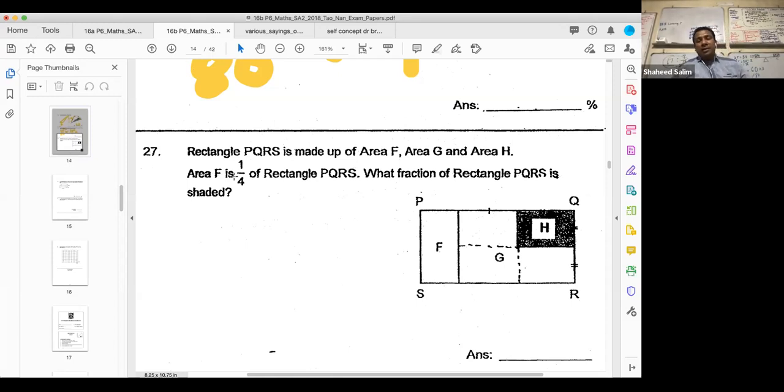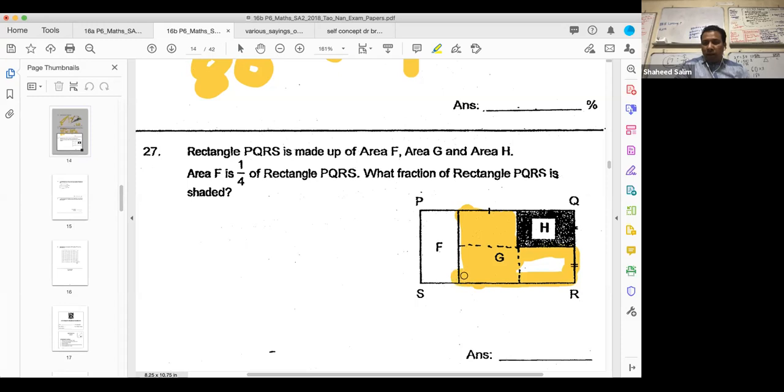Rectangle PQRS is made up of areas F, G, and H. Okay, please ignore this thing here. This G, I think, is the whole thing. I'm going to color G in yellow so that you know G is the yellow part here, the whole thing, because someone is going to draw on this one.